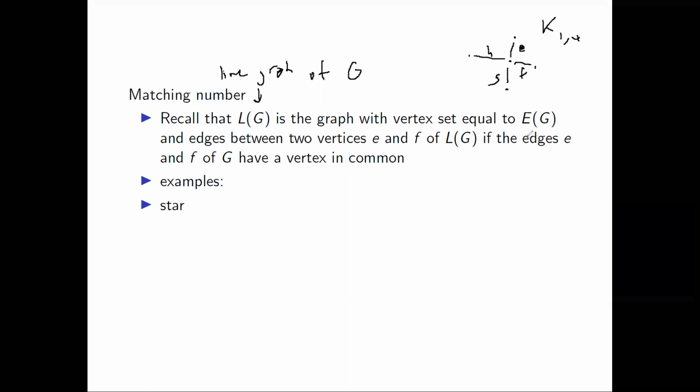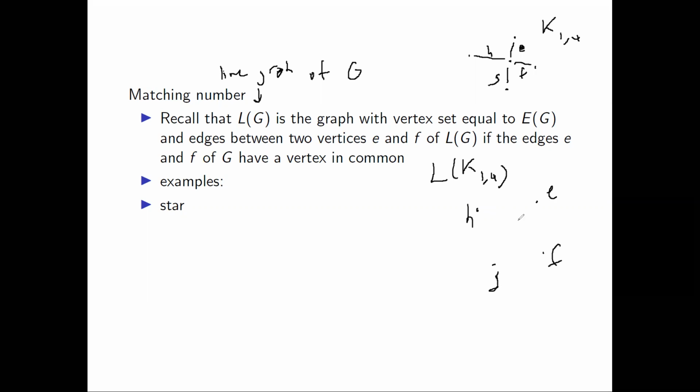Okay. And then we're going to build a line graph of K_{1,4}. So L of K_{1,4}. And we're going to draw it like this. So it's going to have 4 vertices for each of the edges of K_{1,4}. So E, F, G, H.